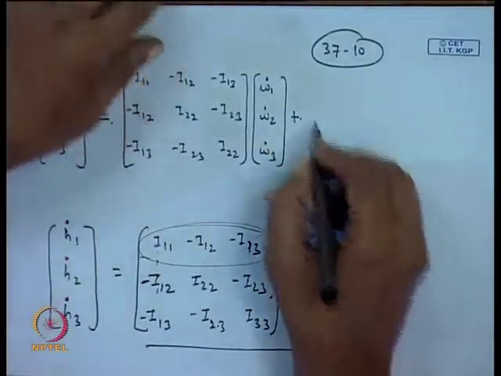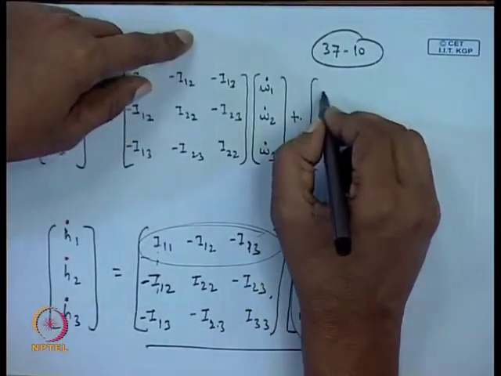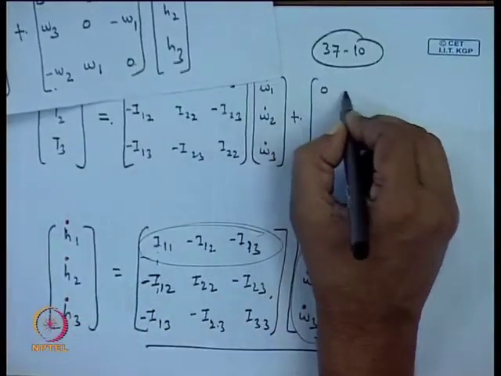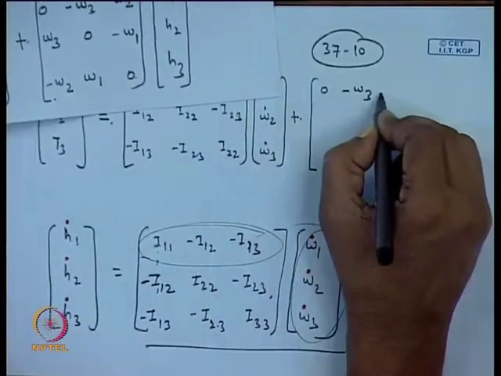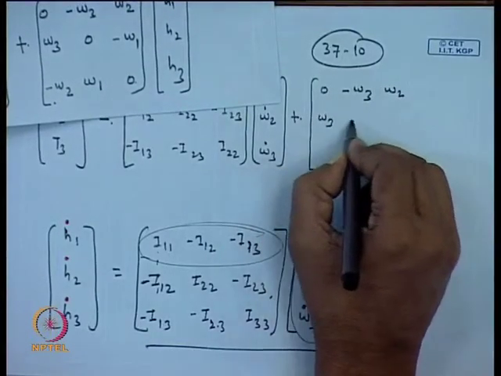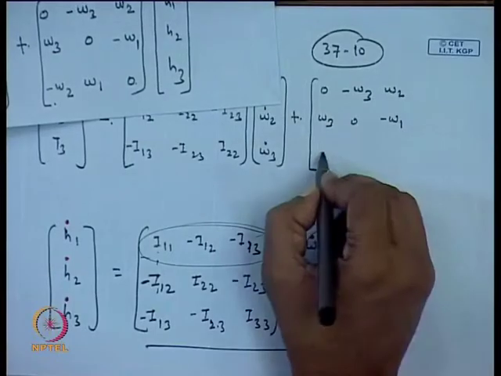and plus the matrix just now we have written here. So, 0, minus omega3, omega2, and omega3, 0, minus omega1.